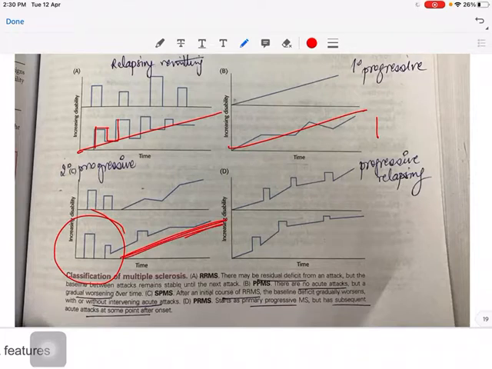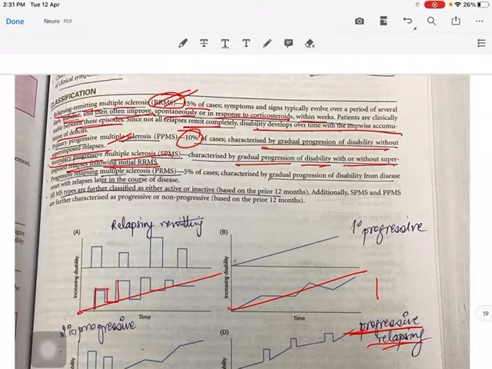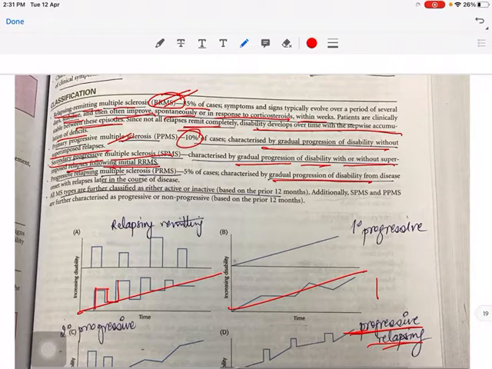Then we have the PRMS pattern. It is primarily progressive, but with subsequent attacks at some point after onset. So you can see it is progressively relapsing. There will be gradual progression of disability from onset, and there will be relapses.